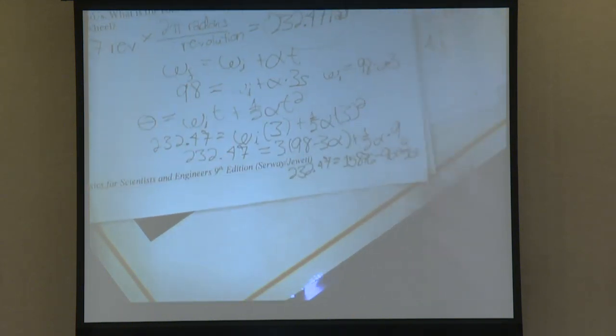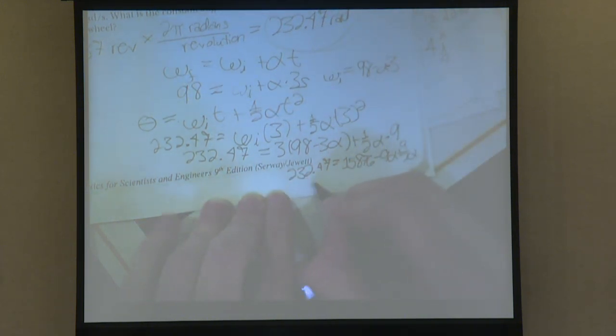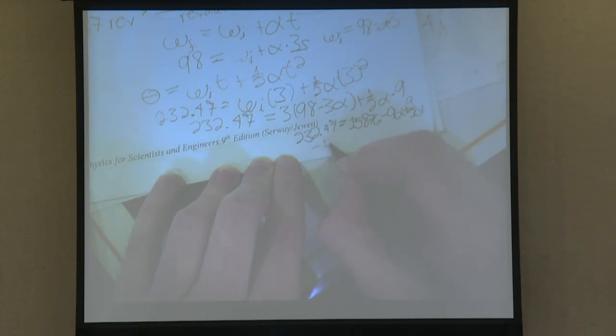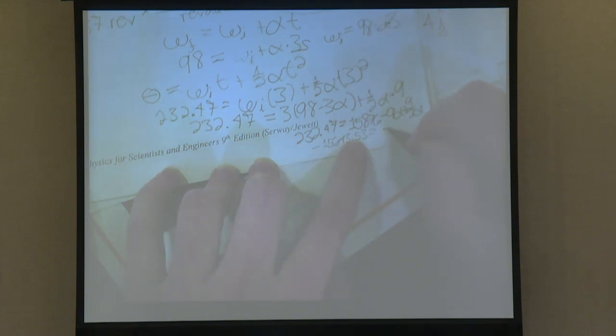Okay, so subtracting this value from both sides, you have 232.47 minus that, and then negative 15643.53 equals negative 9/2 alpha.